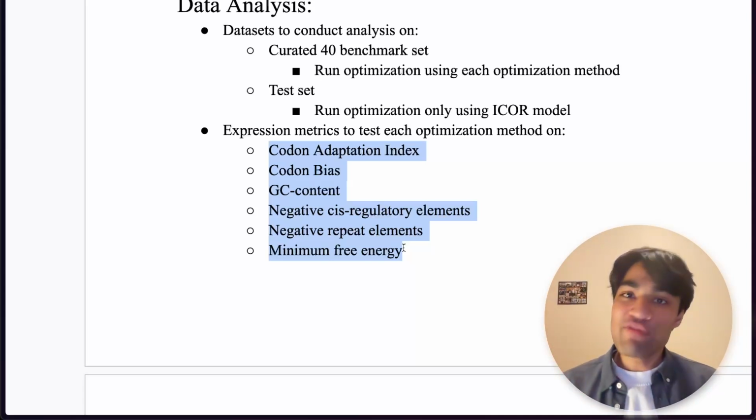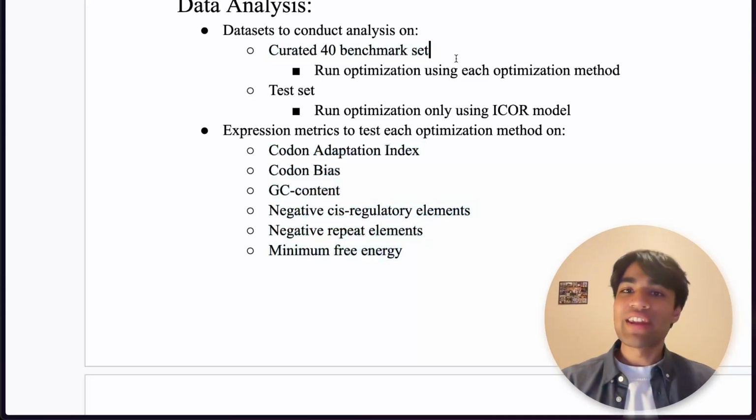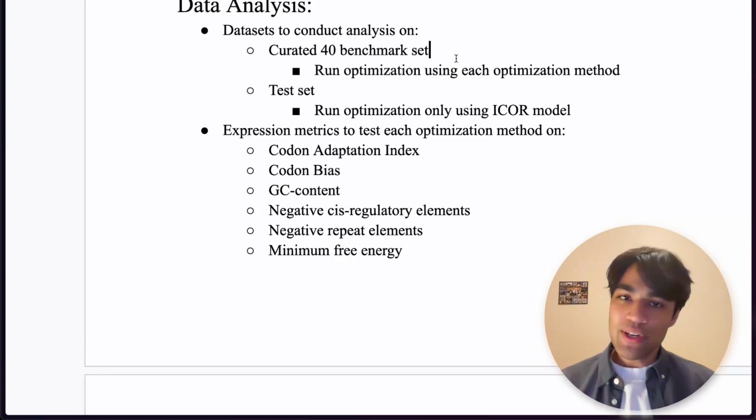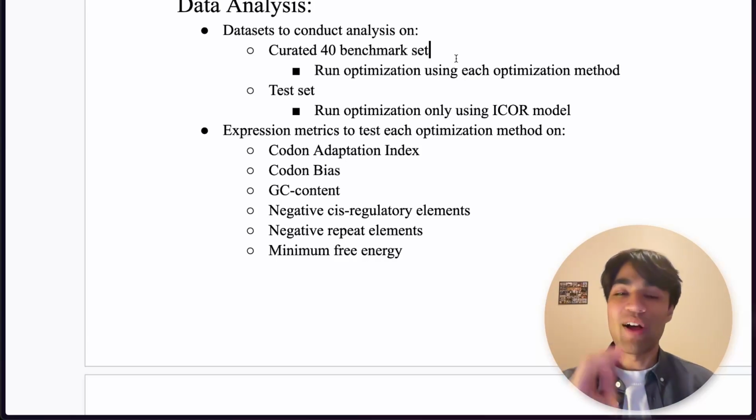I added 5 more metrics, improved my method, and curated a benchmark set that I then compared my method on, compared to other optimization methods, and it performed even better. I got 1st place. So as you guys can see, adding more layers to that testing process is really essential, and it'll help you out a ton.